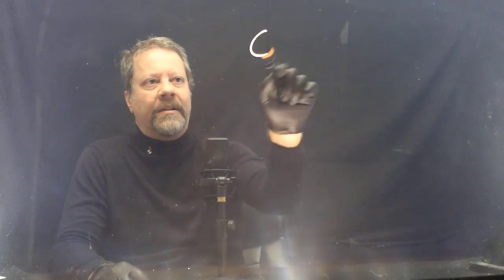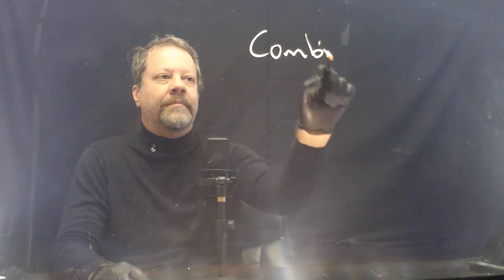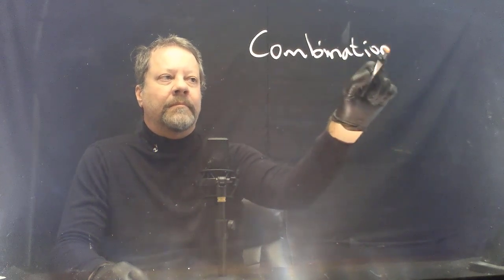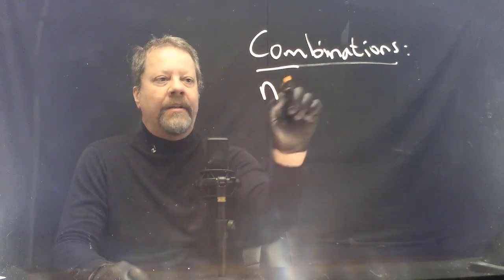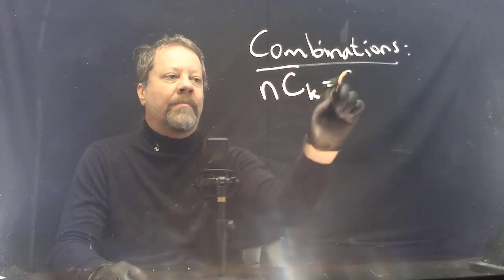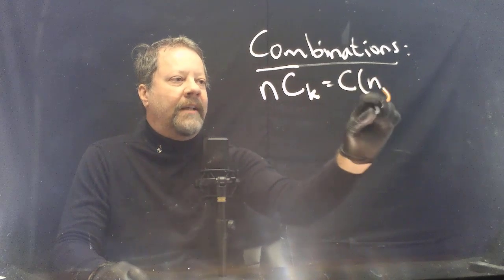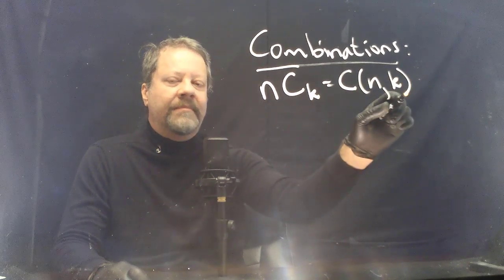Permutations count the total number of rearrangements. But let's suppose that order is not important. Then we end up with something called combinations. And we're going to have n choose k, or the combination n objects chosen k at a time.